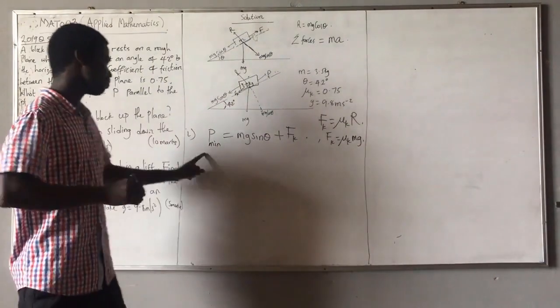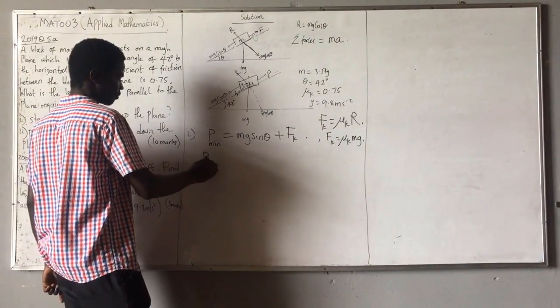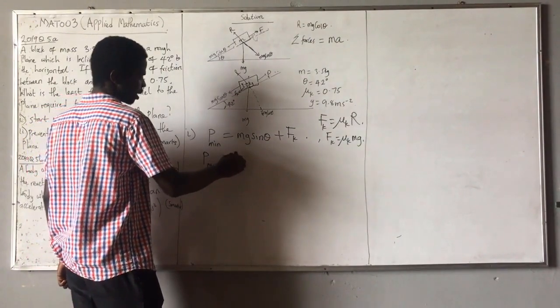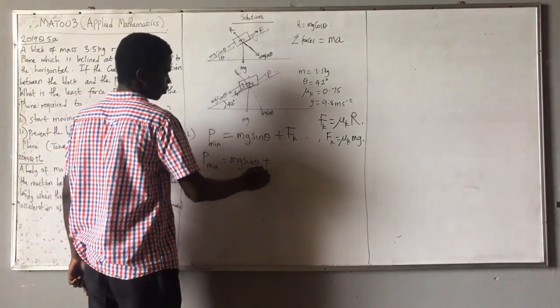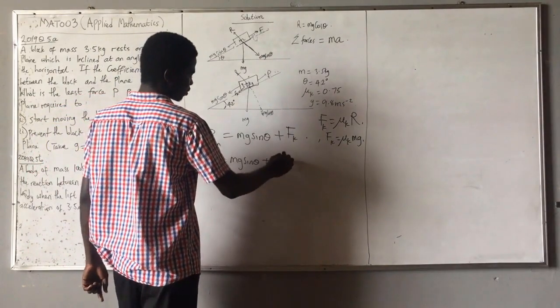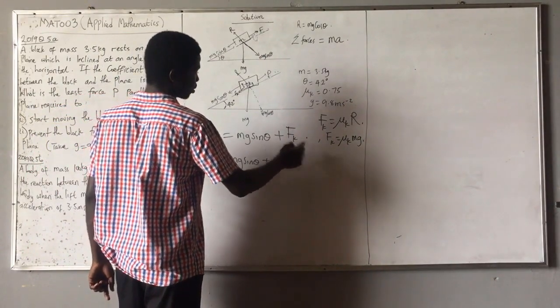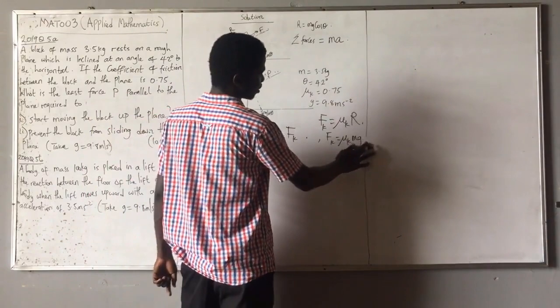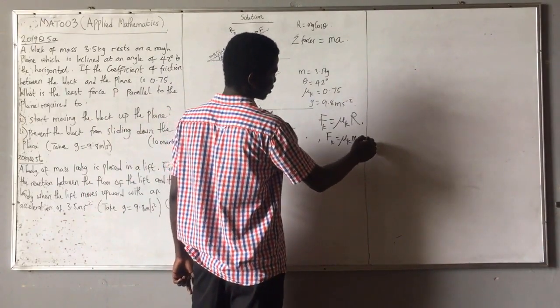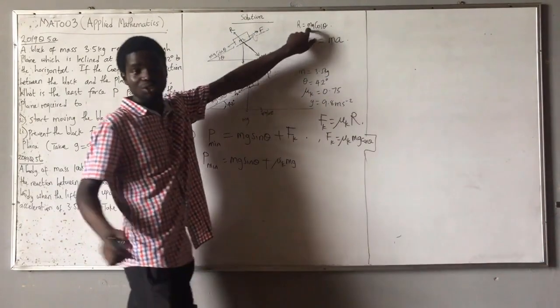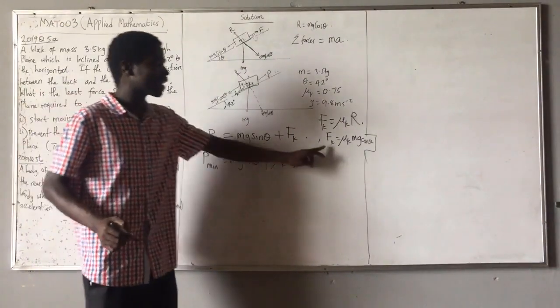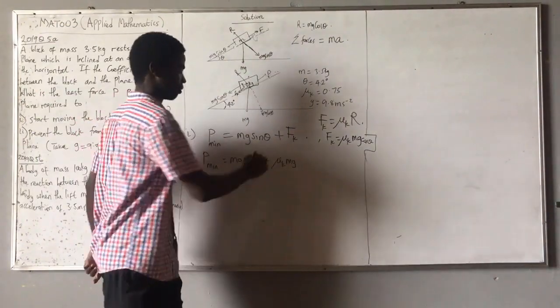That's what we have here. So that means the minimum force we have here has to be mg sine theta plus frictional force mg. Oh, mg cos theta, I'm sorry. Our normal reaction is mg cos theta. I've told you before. So Fk equals mu k mg cos theta.